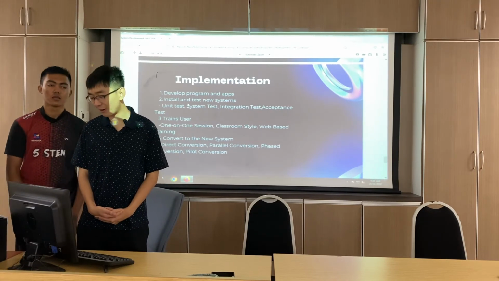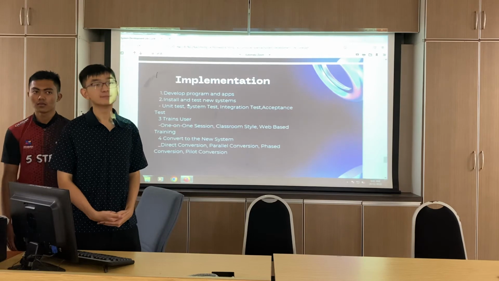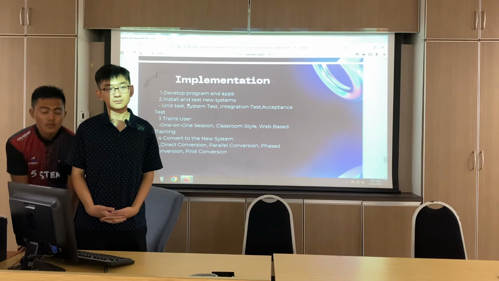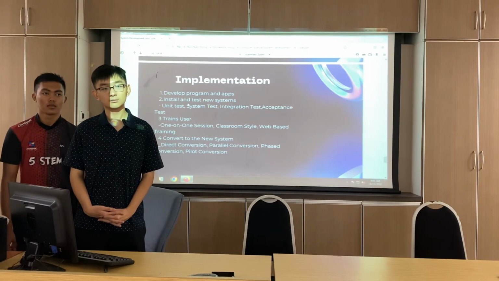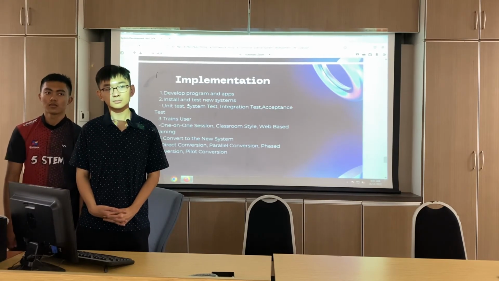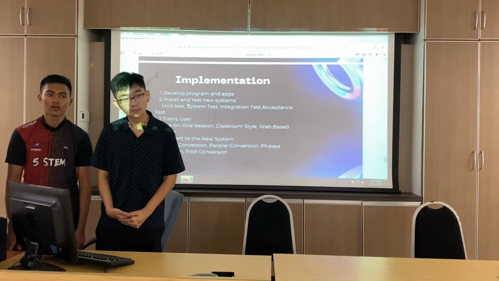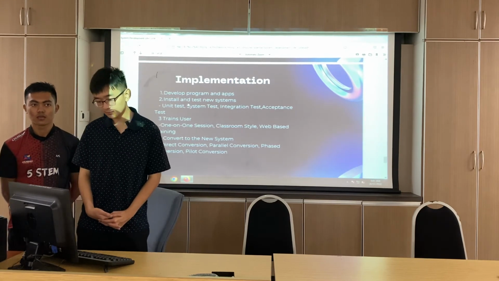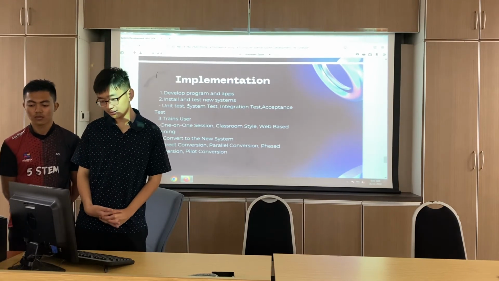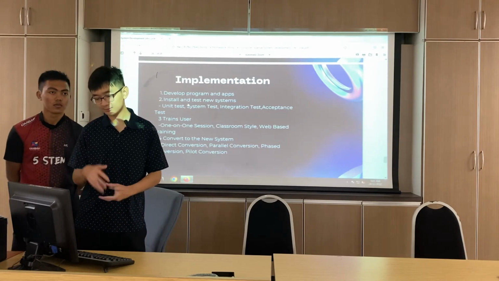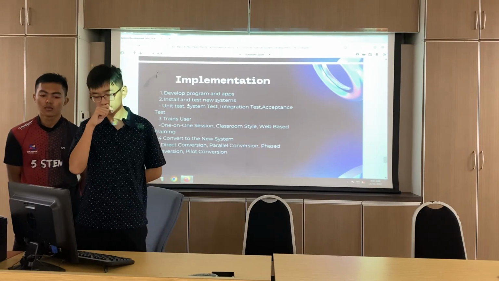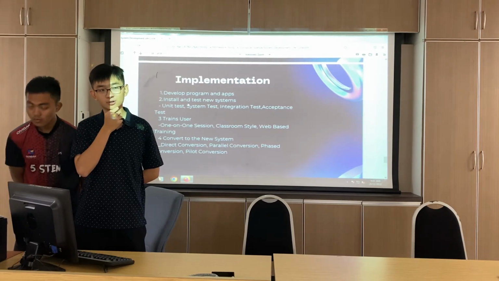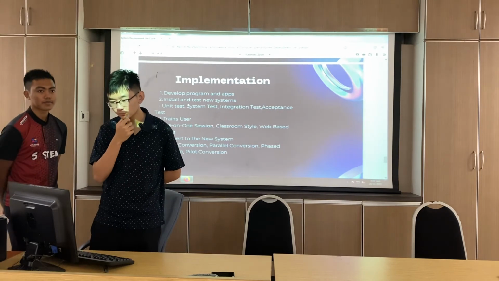That means you already have hardware or software already, and you have just modified the older system to create the new system. So you need to integrate it because it is ongoing. For the older system, you just upgrade it. You do not terminate the older system. You just upgrade it, and then of course you need to do the integration test, to check whether the new software can communicate with the older hardware or older software.